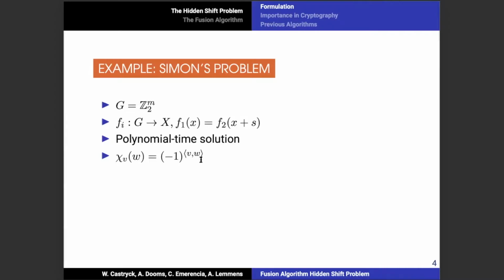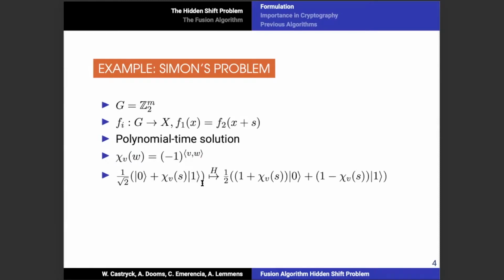In this specific case, we have 2 to the m characters indexed by a vector v applied to a vector w, which are actually powers of -1. And the exponent is the inner product between the vector v and w. So note that this character can only take the values 1 and -1 in this group.